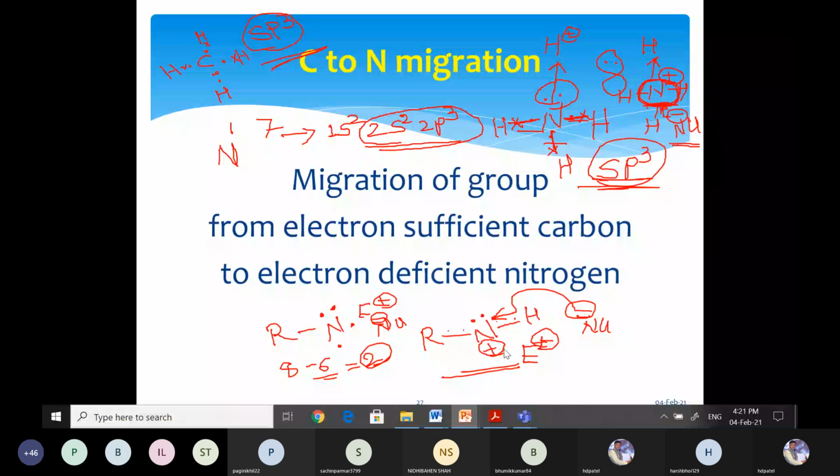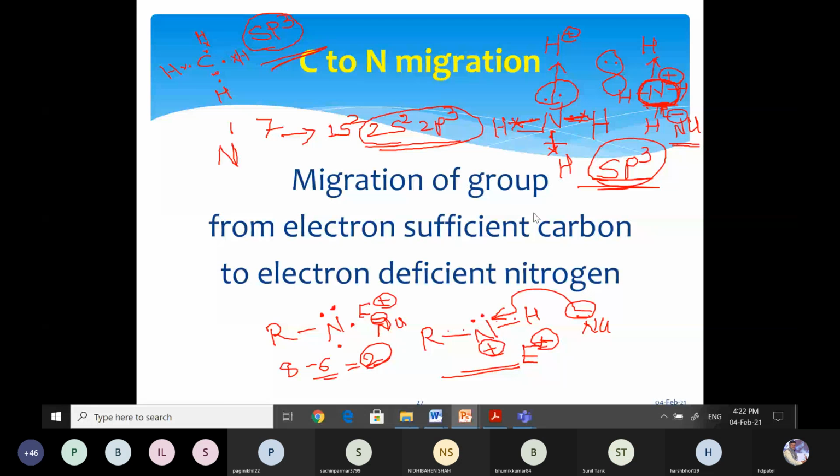Also, we can discuss another thing about nitrogen: nitrogen is in this form NH3, and then nitrogen donates its electrons to one more hydrogen. So it is converted into NH4 plus.